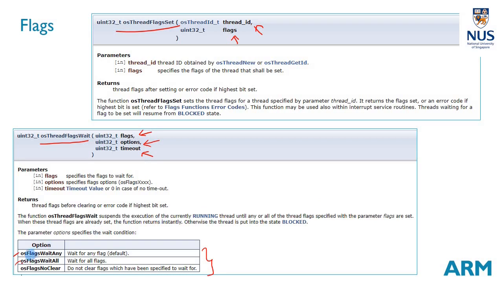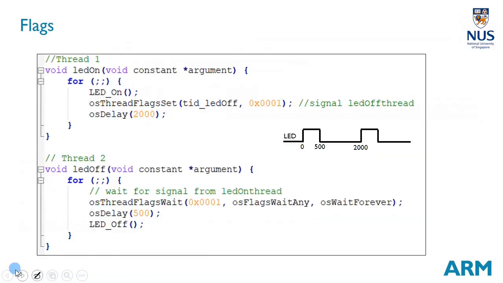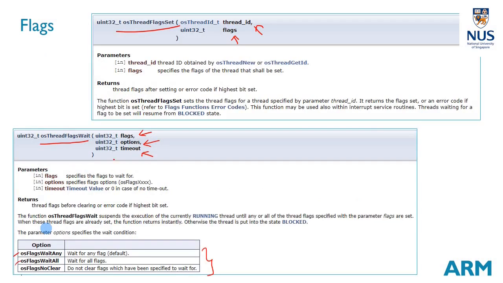But there's also an option to say that I do not want to clear the flags, which is this option over here. These are things you can try out in the lab exercises to have a better understanding of how they actually work in a multi-threaded environment. So let's look at an example of how we can use flags.